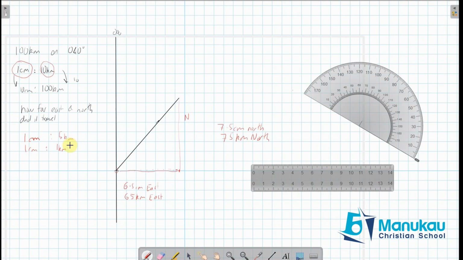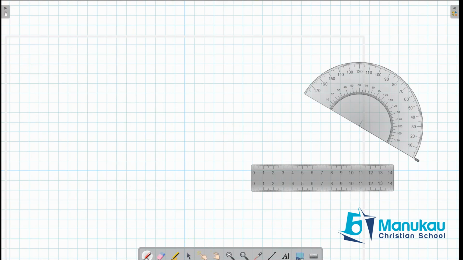The only other thing that I really want to talk to you about is the relationship between some bearings. So let's say, I'm just going to do a really rough diagram here to give you an idea. Let's say we've got something like this. This is point A, and this is point B. Now, let's say that I don't know what this is, I'm not going to measure it, but just say I've measured it, and let's say it was 140 degrees.